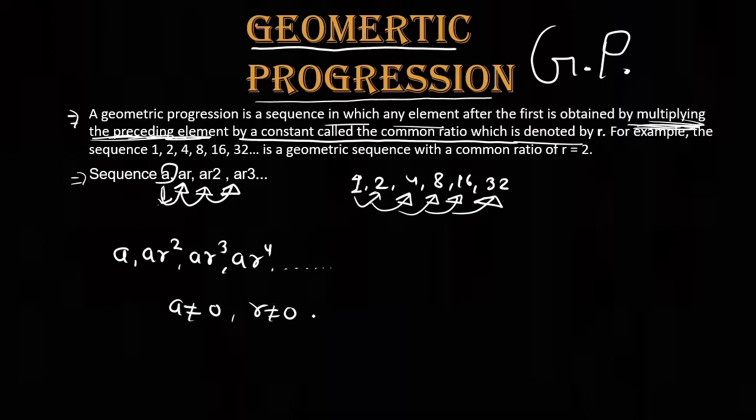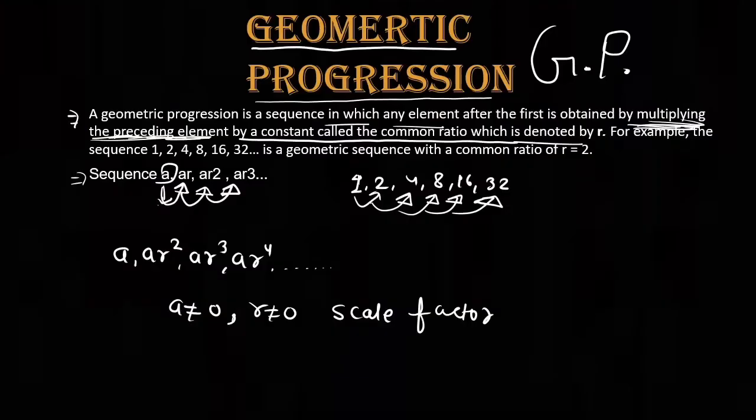This is called the scale factor, because if A or R is 0, or any one of them is 0, then there is no sense of making this series. So A and R cannot be 0.